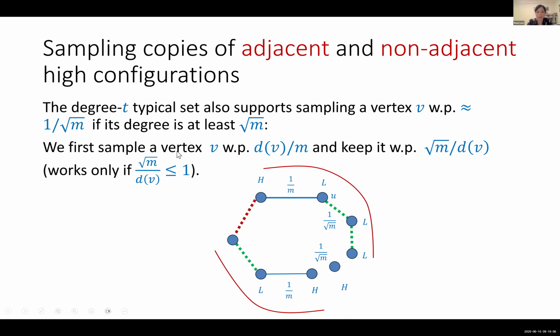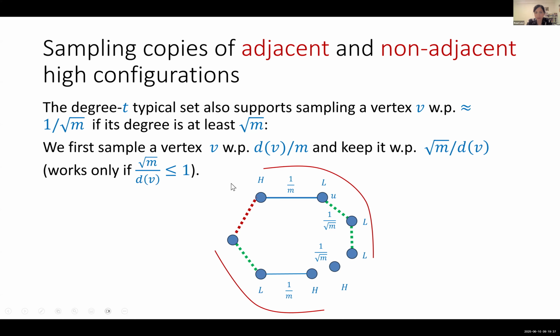We first sample a vertex v with probability dv over the number of edges, and then keep it with probability square root of m over the degree of v. Since the degree of v is at least square root of m, this is possible. If the degree is smaller than square root of m, then this won't work.